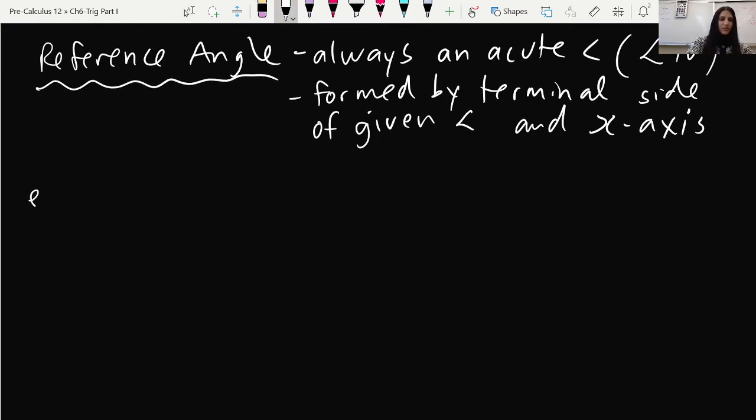Let's take a look at what this might look like. If, for example, we have, let's say, this angle here, and I tell you that that angle is 40 degrees.